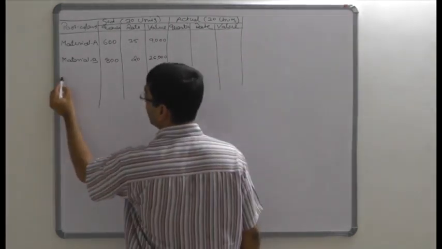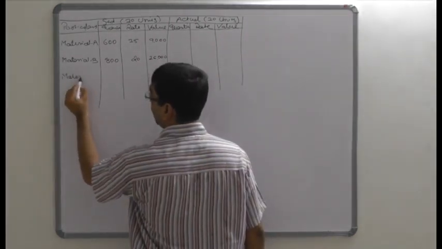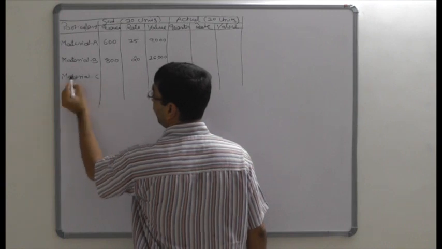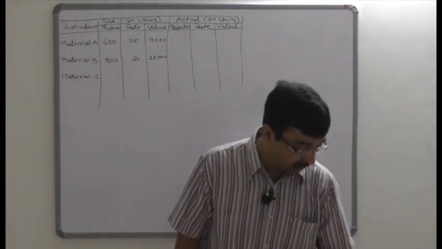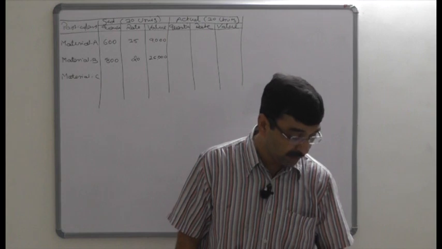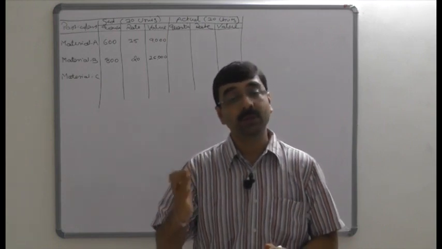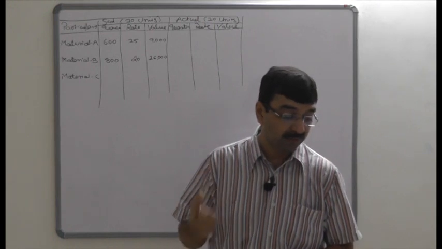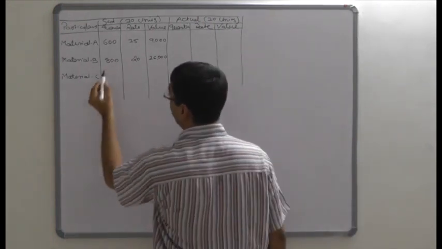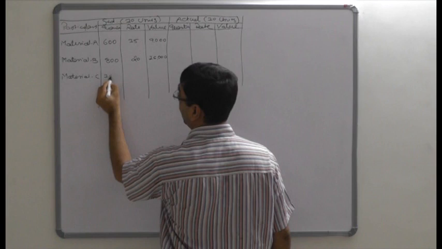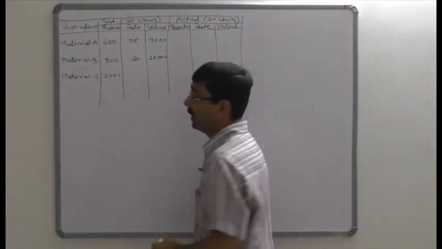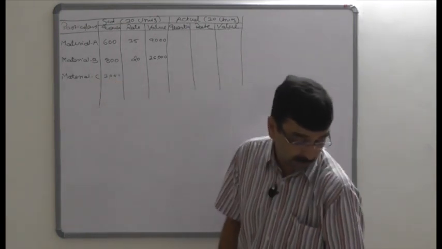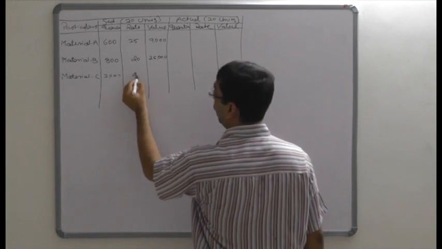Now moving to the next, material C. How many kilograms are required for 1 unit manufactured? That is 100 units or 100 kilograms. 100 kilograms is required for the manufacturing of 1 unit. So for 10 units they need 1000 kilograms, and the rate for that comes to 25.